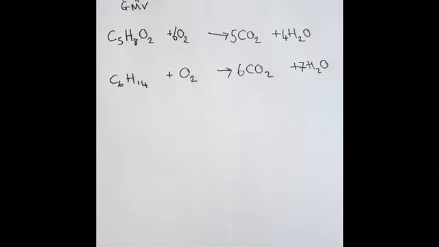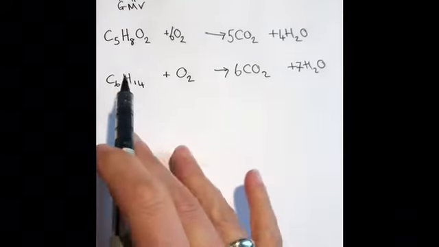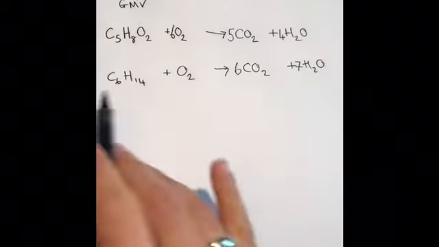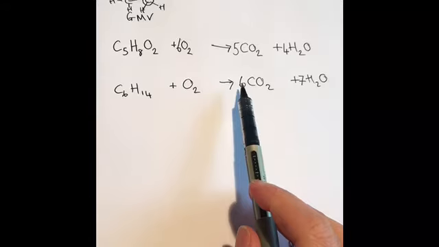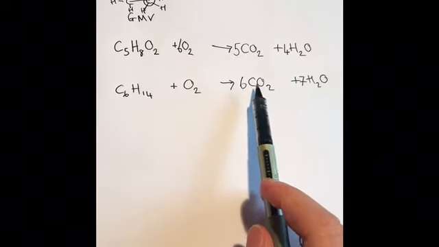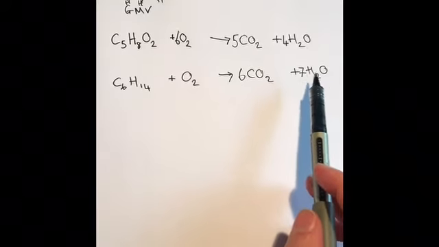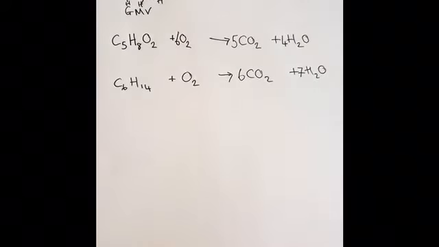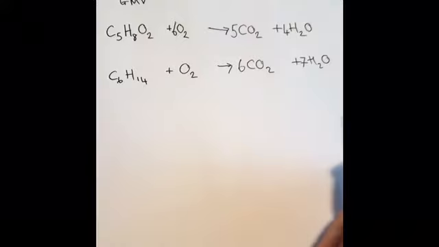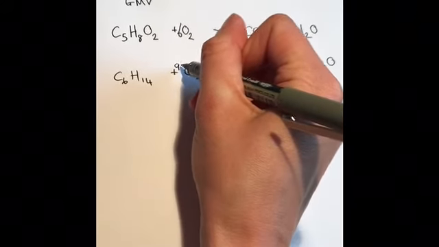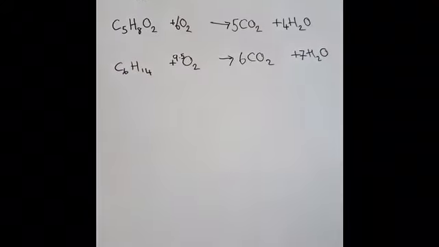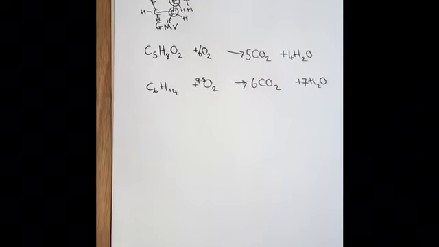And then this one is nice because there's no oxygen in the fuel. So we've got 12 oxygens in the carbon dioxide, 7 oxygens in the water, so that's 7 plus 12 is 19. So this is going to be 9.5 O2, then it gets to 19.